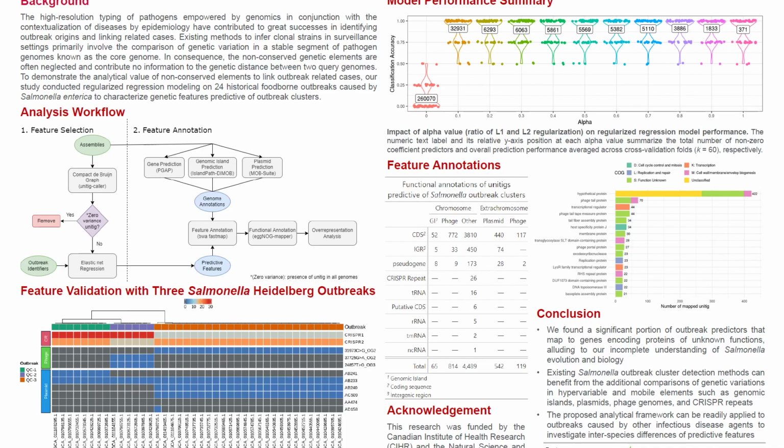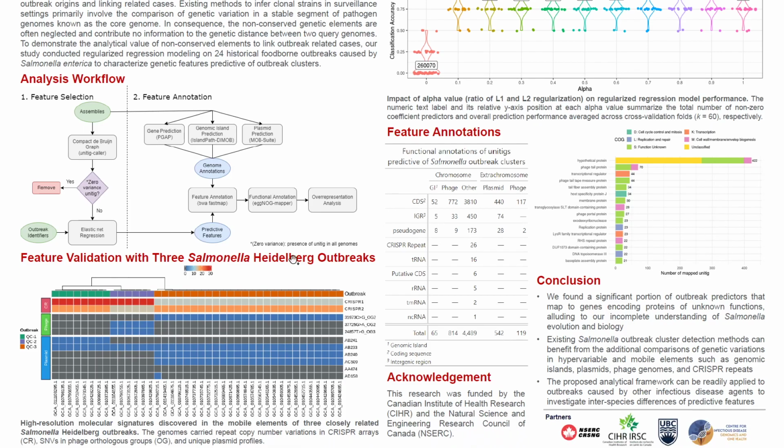And so we decided to then perform feature validation by analyzing 3 Salmonella Heidelberg outbreaks that are very closely related, as they could not be resolved by traditional molecular approaches such as PFGE and phage typing. And so what we would like to demonstrate here is that we can in fact differentiate these 3 closely related outbreaks solely based on variations in mobile elements alone.